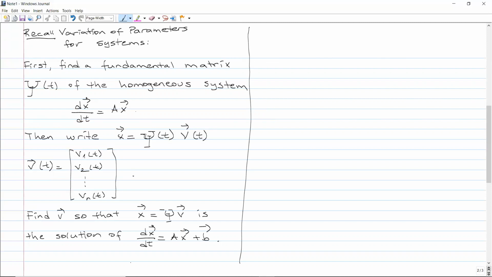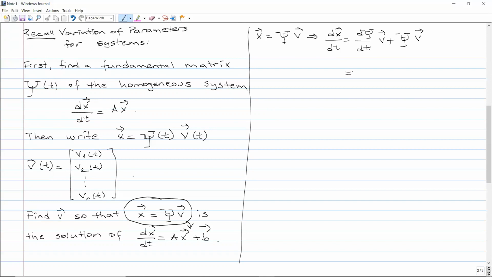Okay. All right. So we take this form and plug it into our system. If x is the matrix Φ times v, then its derivative by the product rule is the derivative of the matrix Φ with respect to t times v plus Φ times v'.